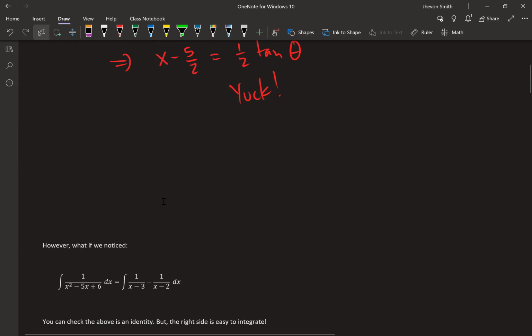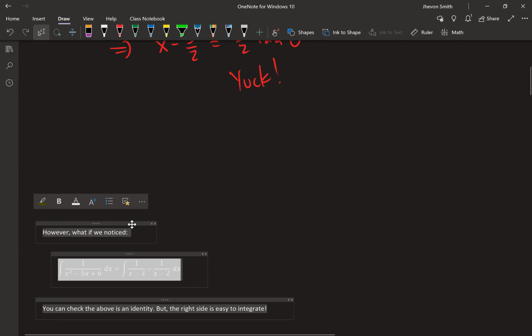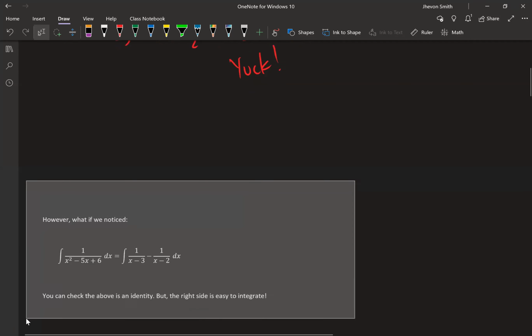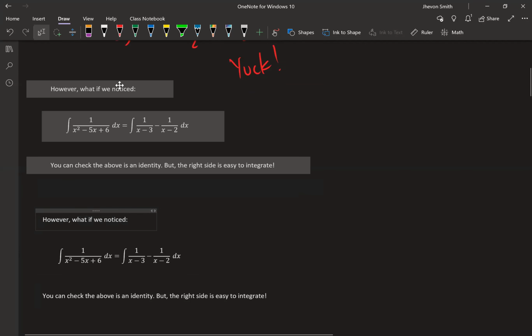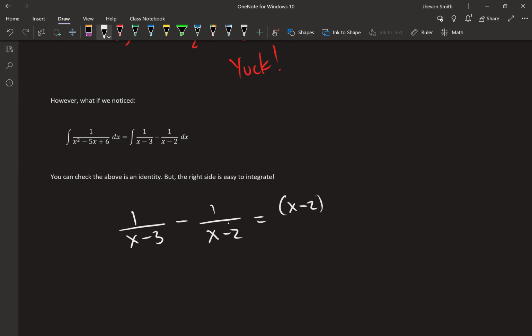But here's something cool. What if we notice this is true? Look at this: if I take 1 over x minus 3 and subtract 1 over x minus 2, you combine those, you cross multiply, this would be x minus 2 minus x minus 3 over x minus 3 times x minus 2.